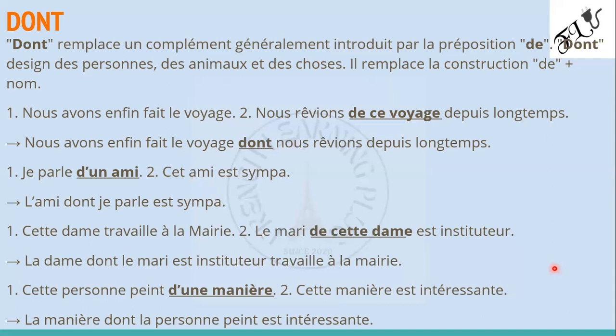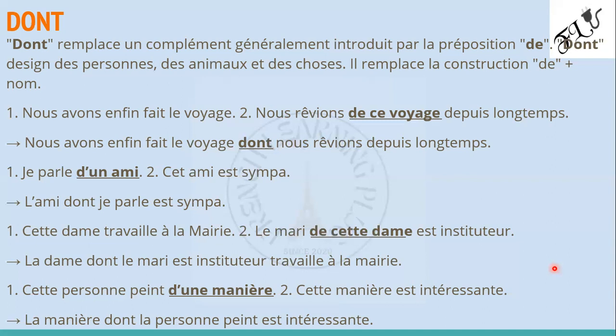So, s'occuper de. So those verbs, when you have two sentences to put together to have a complex one, you are not going to use que. You're going to be using dont, because it has the construction de plus noun. That preposition de will always be there.